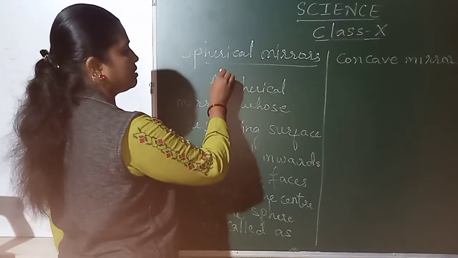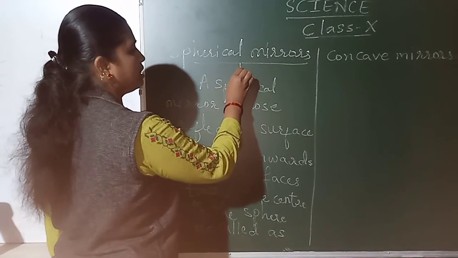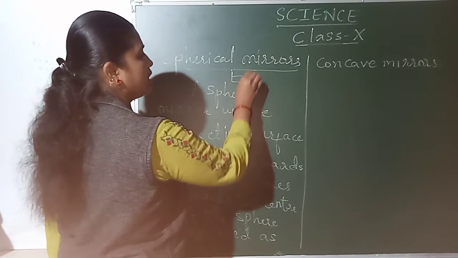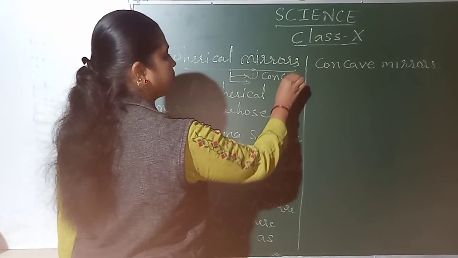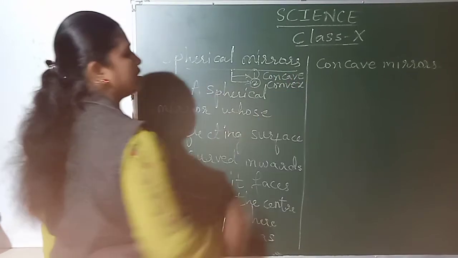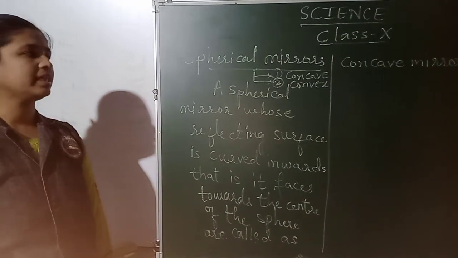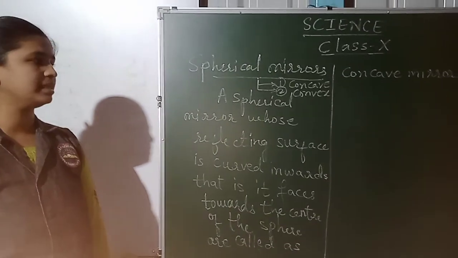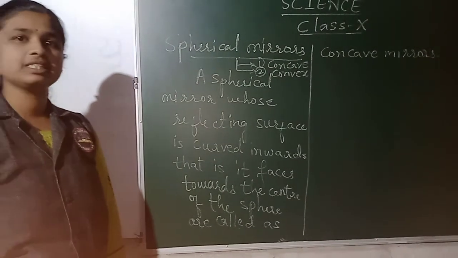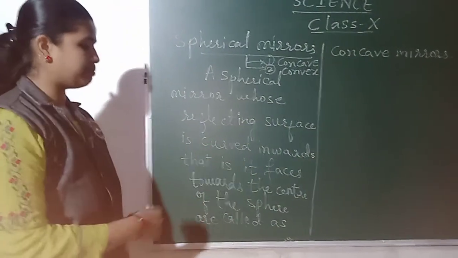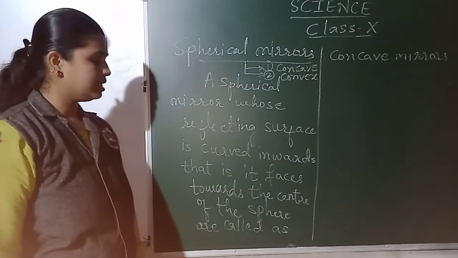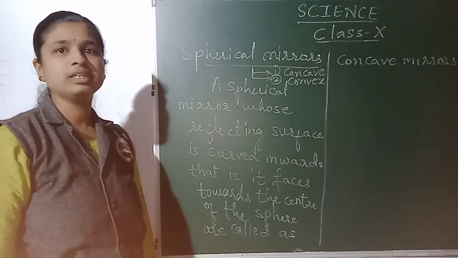First is the concave mirror, and second is the convex mirror. A concave mirror means a spherical mirror whose reflecting surface is curved inwards. That means it faces towards the center of the sphere. Such mirrors are called concave mirrors.